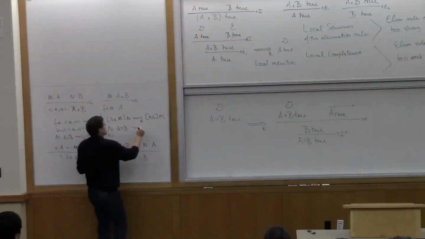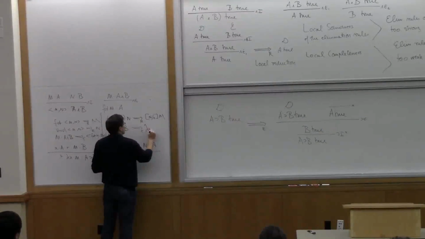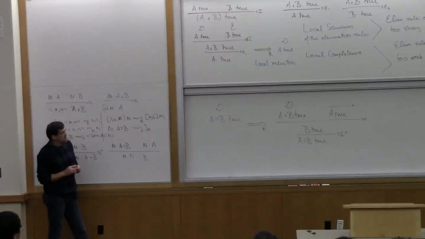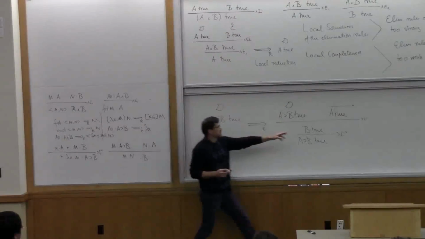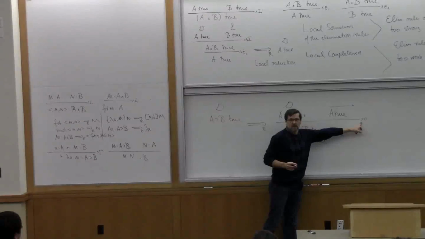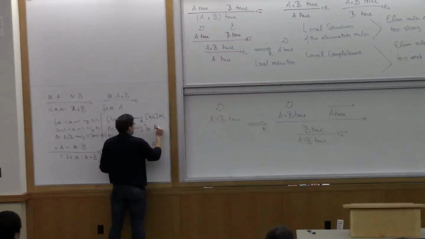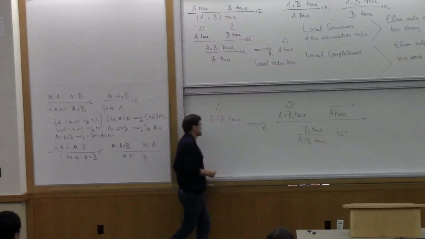So we introduce an X. And then, what is the proof term for the implication elimination? Apply M to X, right? Let's write it in over here.